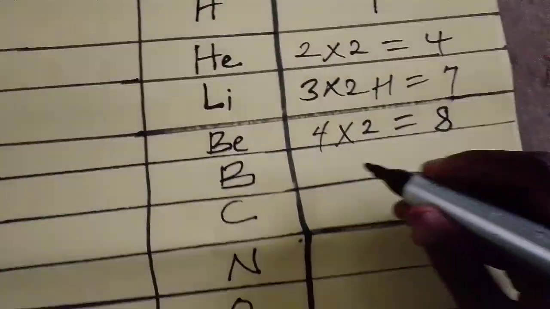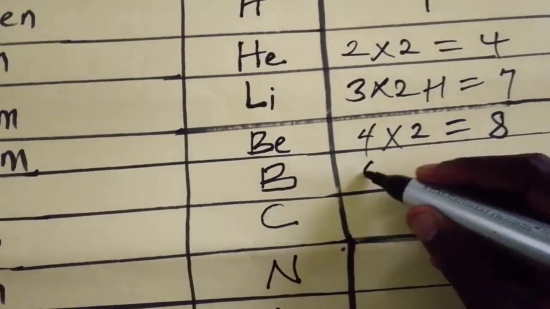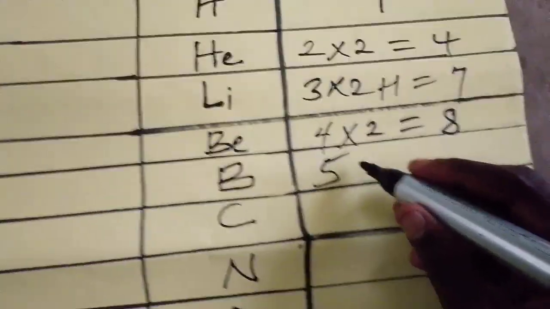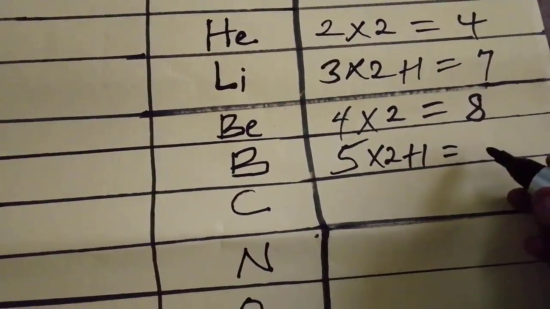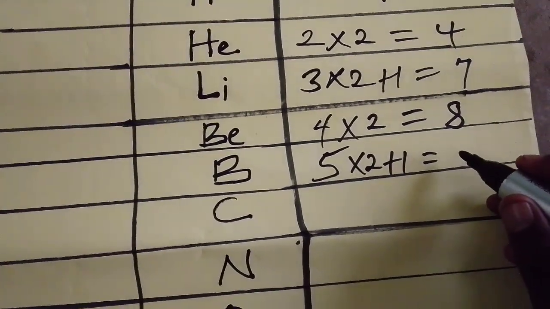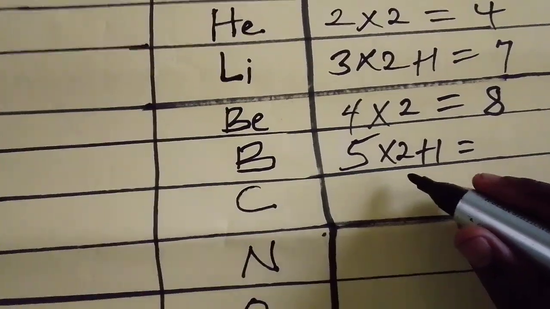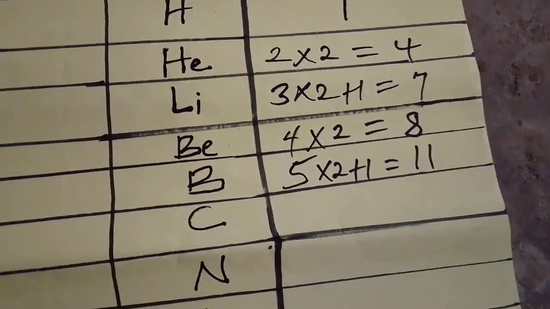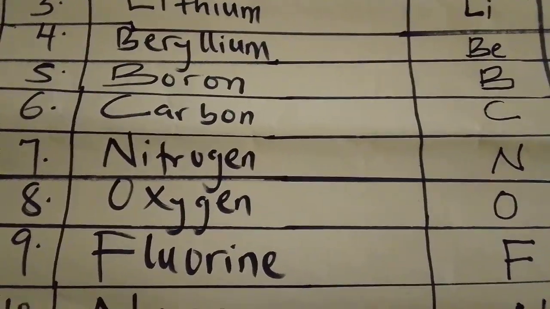Then for boron, the atomic number is 5, and 5, if you remember, is an odd number. So we say times 2 plus 1. 5 times 2 is 10, 10 plus 1 is 11. Then for carbon, the atomic number of carbon is 6.